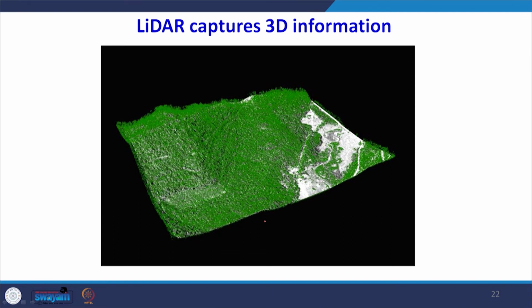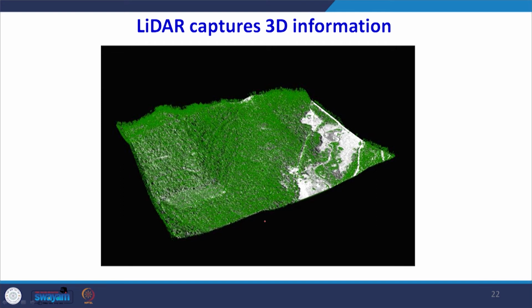So this green portion is all vegetated area, but the gray shades and the white are the riverine areas where the sand is, where there is a small river.